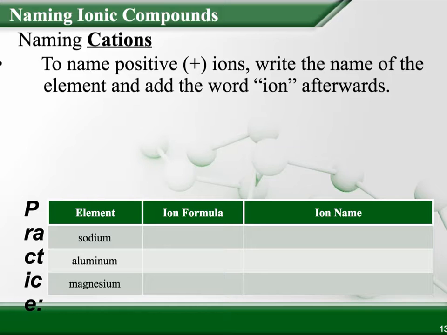So when we look at the formula for sodium, that means its charged state. It's Na1+ because it lost one valence electron. And we would write out the name as sodium ion, because for metals, we just write the name of the metal.